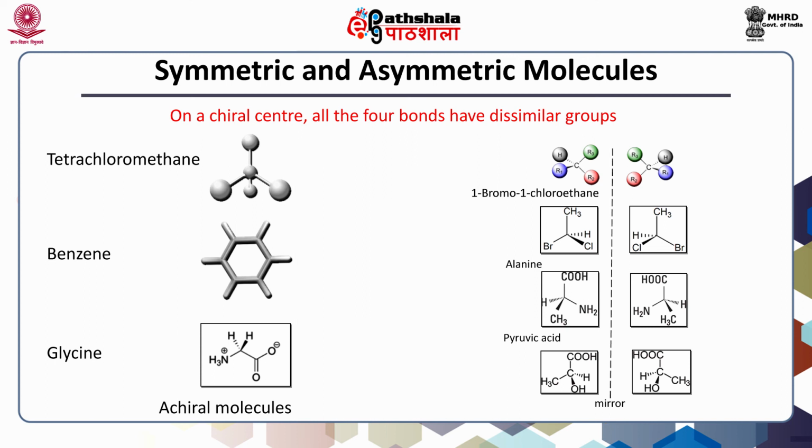All the objects or molecules shown on the right side are asymmetric and have a chiral center. In 1-bromo-1-chloroethane, all the four groups around the central carbon are dissimilar and hence the mirror image cannot be superimposed over the original molecule. Therefore, this carbon is a chiral center. Similarly, except glycine, the alpha carbon in all the other 19 amino acids is chiral.